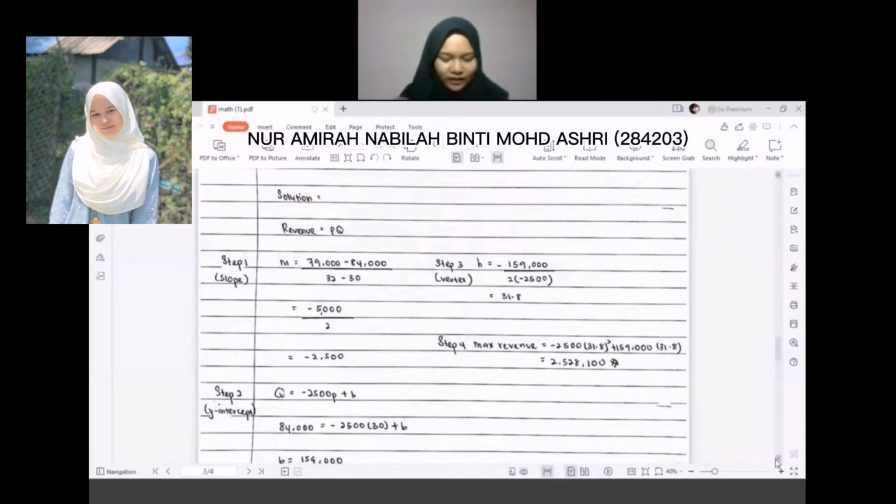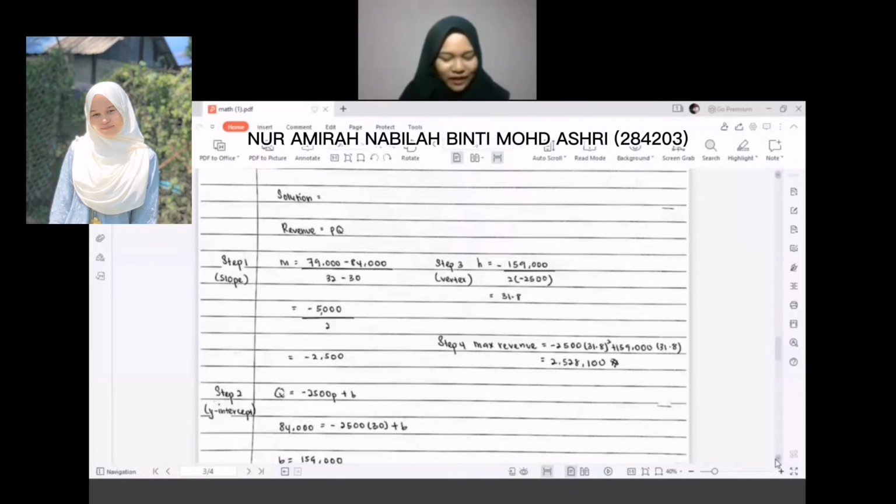We know that currently P equals 30 and Q equals 84,000. We also know that if the price rises to $32, the newspaper would lose 5,000 subscribers, giving us a second pair of values: P equals 32 and Q equals 79,000.